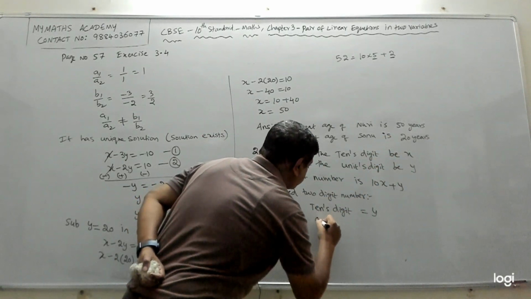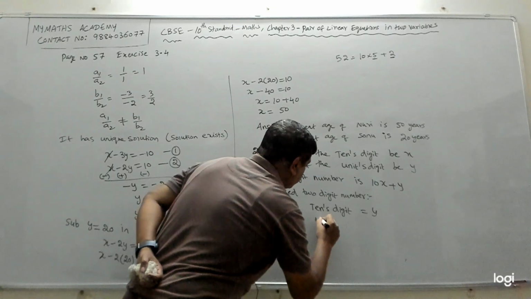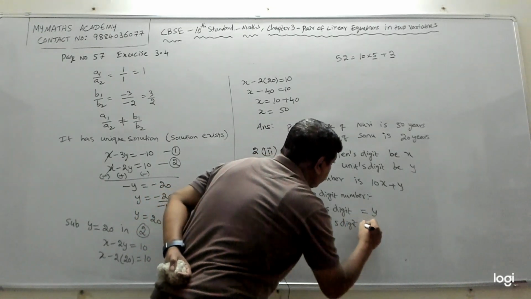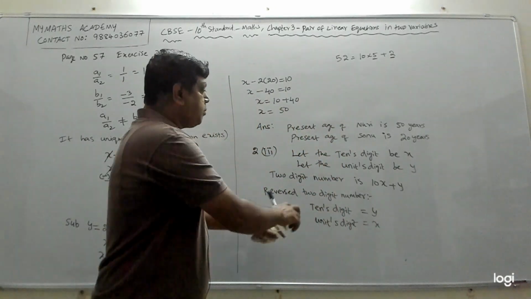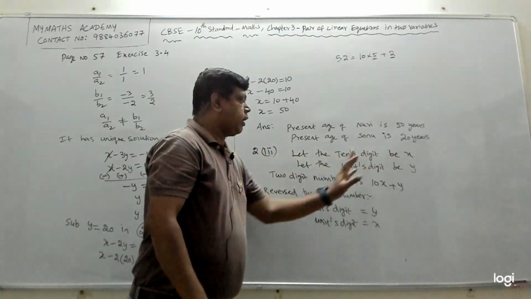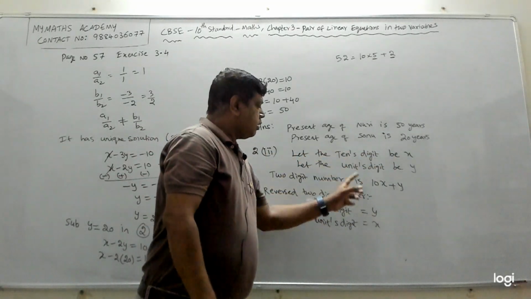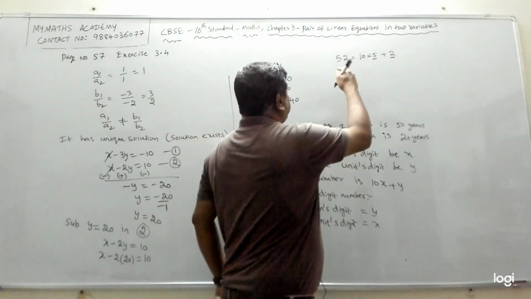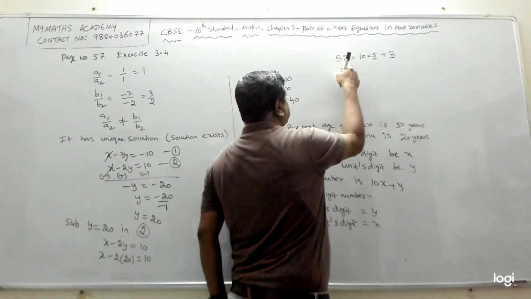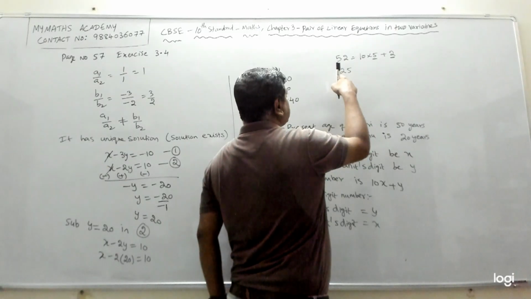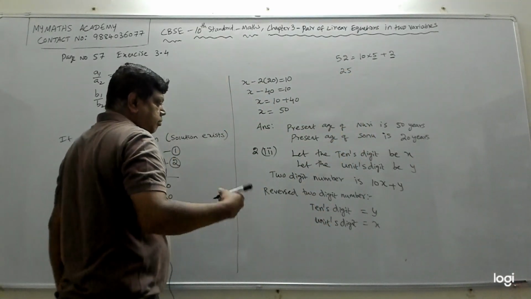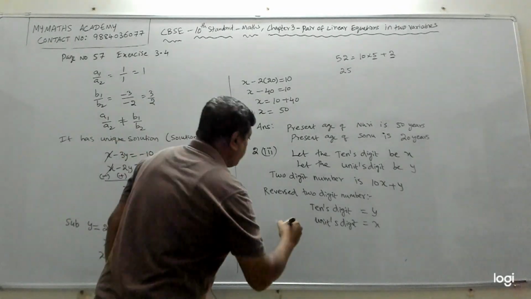So the units digit is equal to x. For the original number it is x and y. For the reversed number, like 52, if it is reversed, it becomes 25. So your units digit will become the tens digit, and the tens digit will become the ones digit.